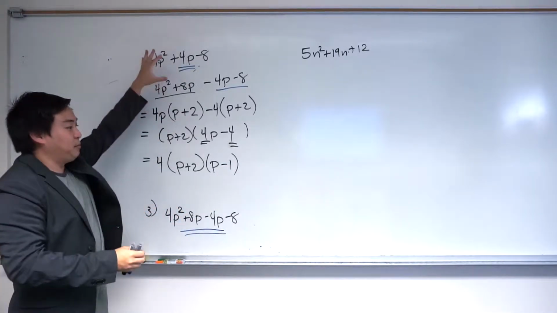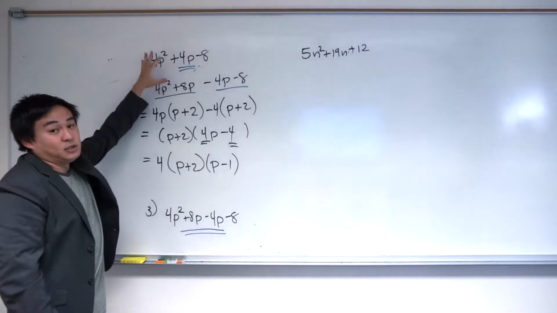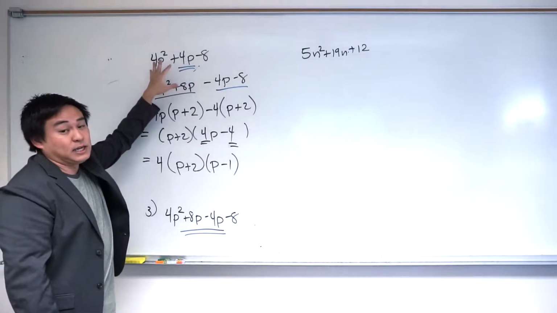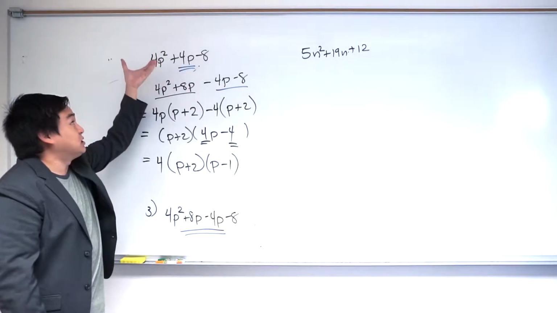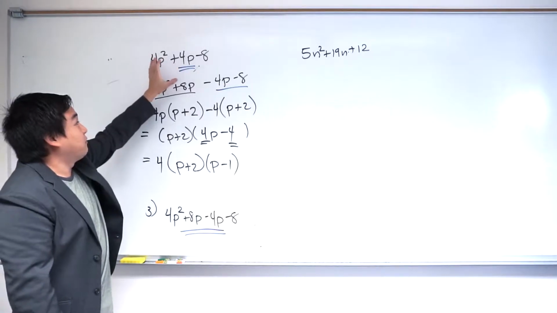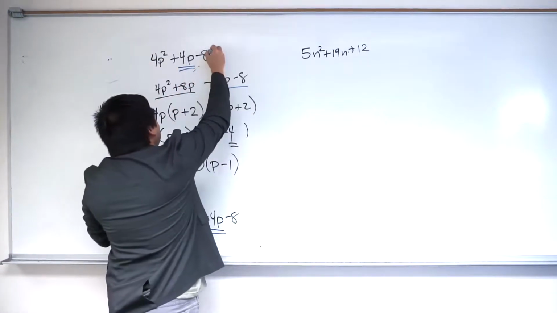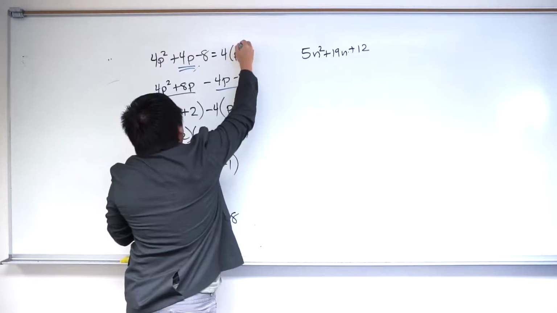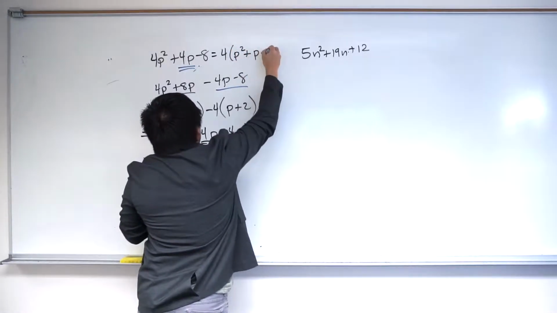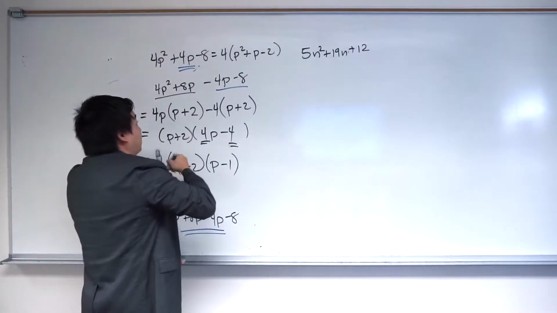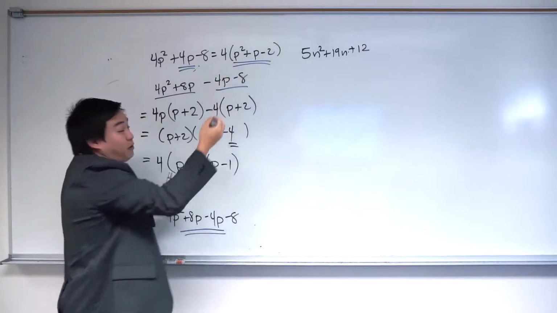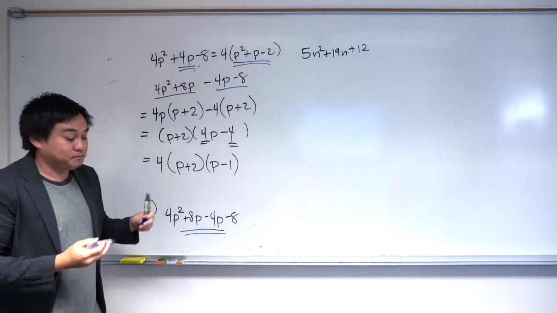Now, if you did it from the very beginning, that's also fine. And then, just like the last example that we did in the previous video, you try to find the factors of this one part instead of the whole thing, and then write the 4 at the front.